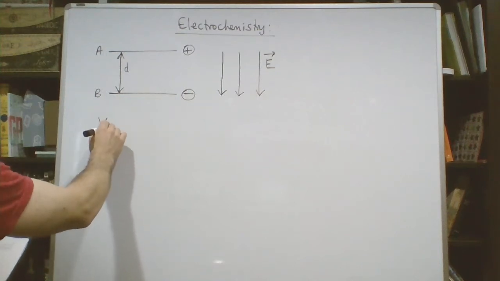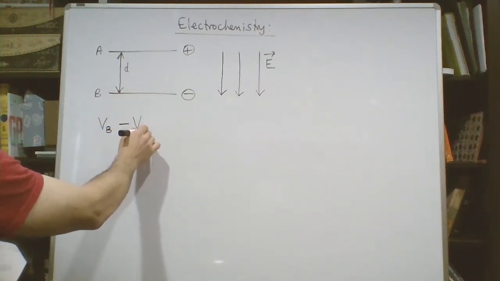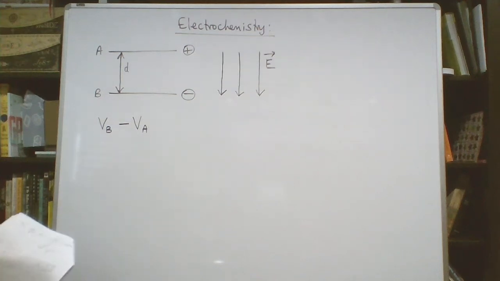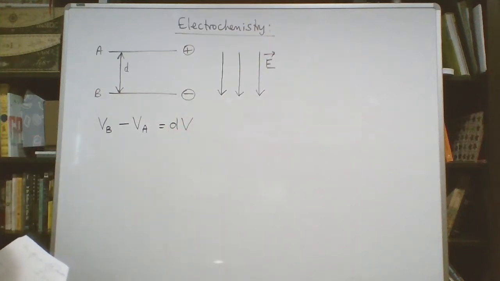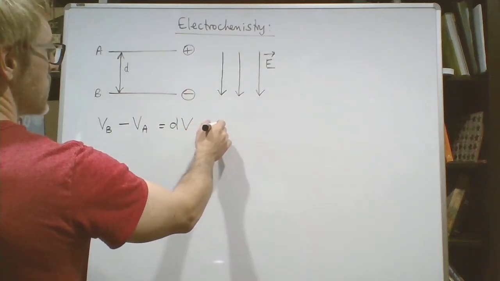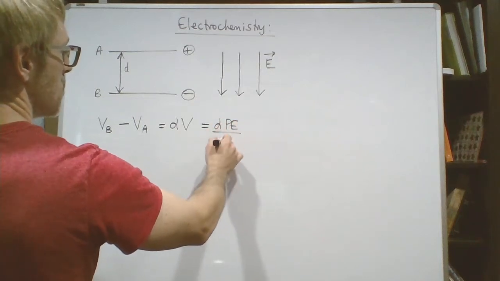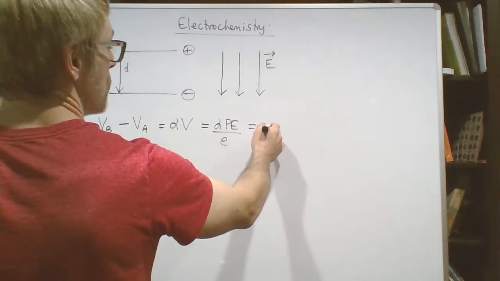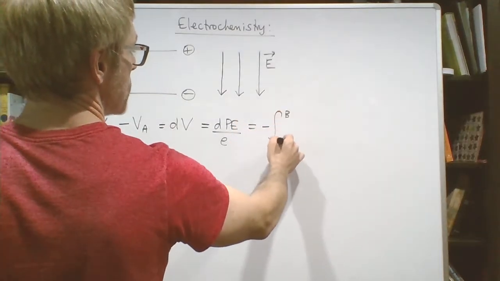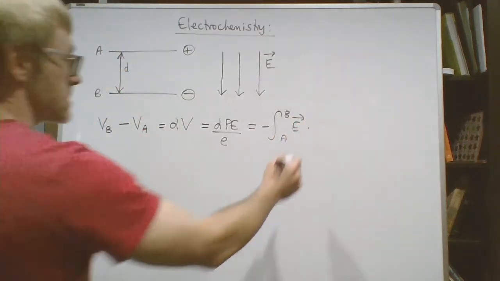We can say that the voltage on the plate B minus the voltage on the plate A, so the difference in the voltages between plates A and B, well, that's the change in the voltage. We said that that is the change in the potential energy per unit charge. We said that that is equal to minus the integral between B and A of the electric field dx.